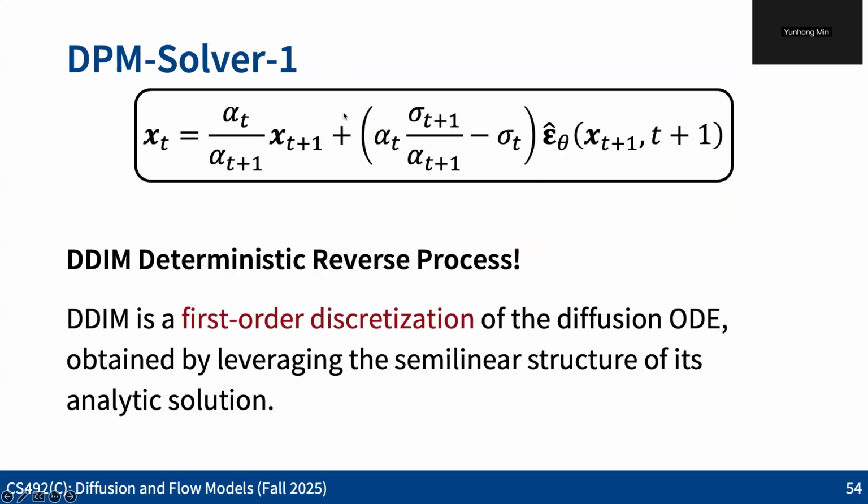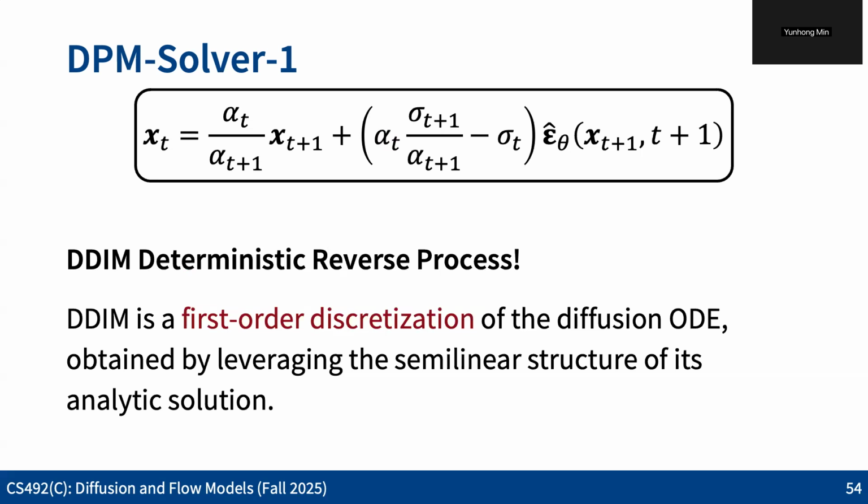We basically replace some terms with the alpha and the sigma functions that we are using in the VDM formulation. So it turns out this is another way that we can interpret the DDIM deterministic sampling. Actually, the DDIM deterministic sampling was the first order discretization of the ODE formulation.